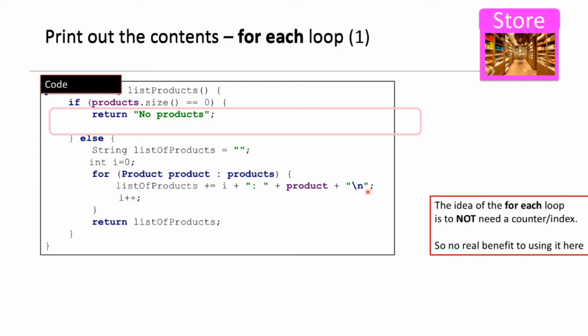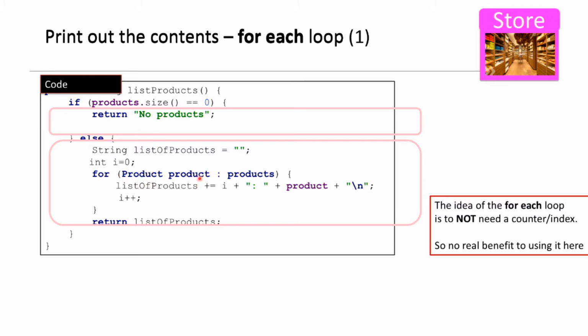Okay, so you might be tempted to use a for each loop instead. So let's take a look at that. So we could have, instead of iterating, we could have used something like this. Because we need to print out the index, we could have used the for each loop, right?